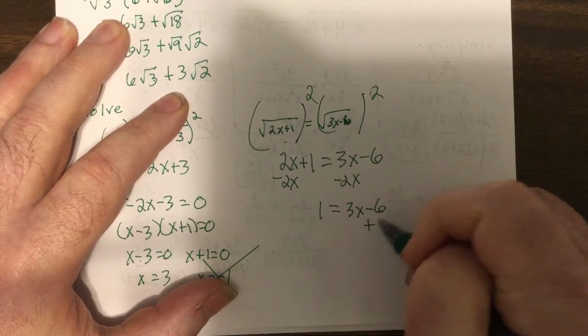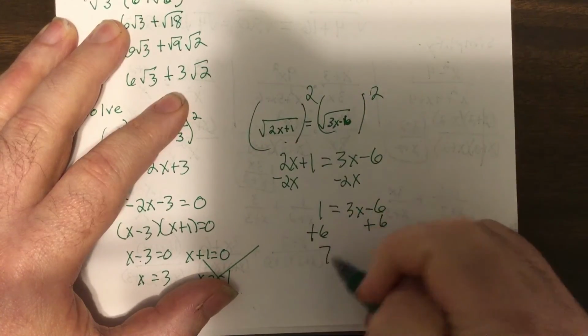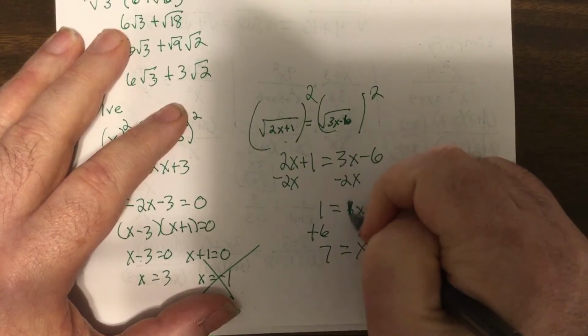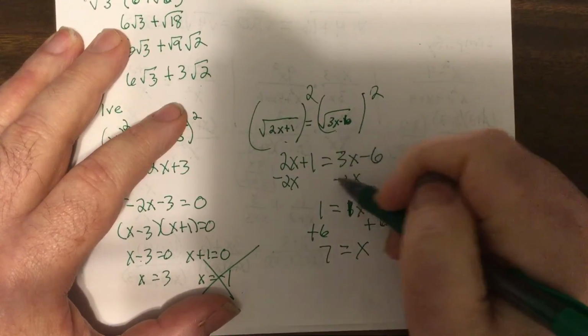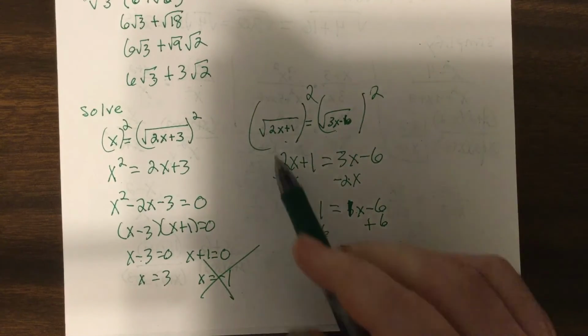I would add 6. So I'd have 7 equals x. This is supposed to be 1x. I messed up. 3x minus 2x is x. So that's our answer, and it does work when you put it back in.